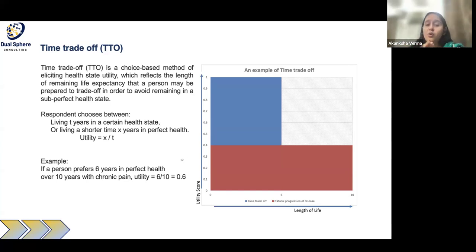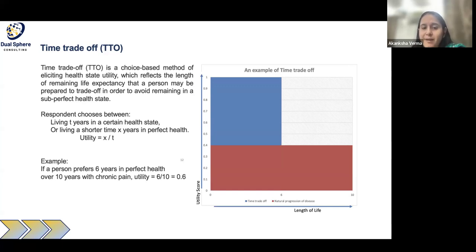So the respondent chooses between living T number of years in a certain health state, or living a shorter time, X years, in perfect health. How is the utility value derived?